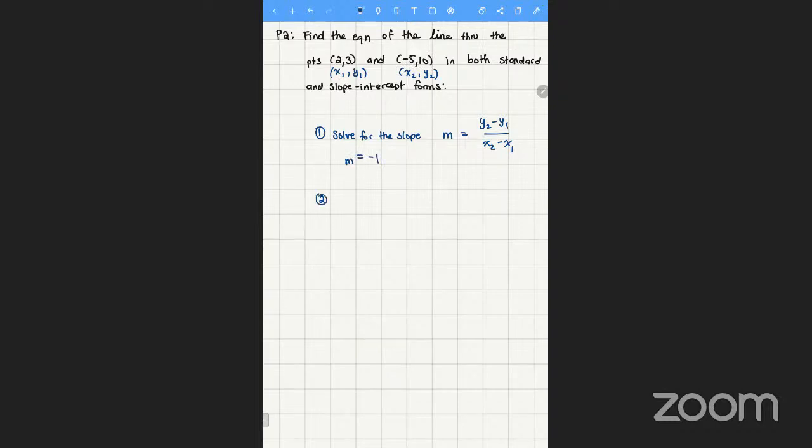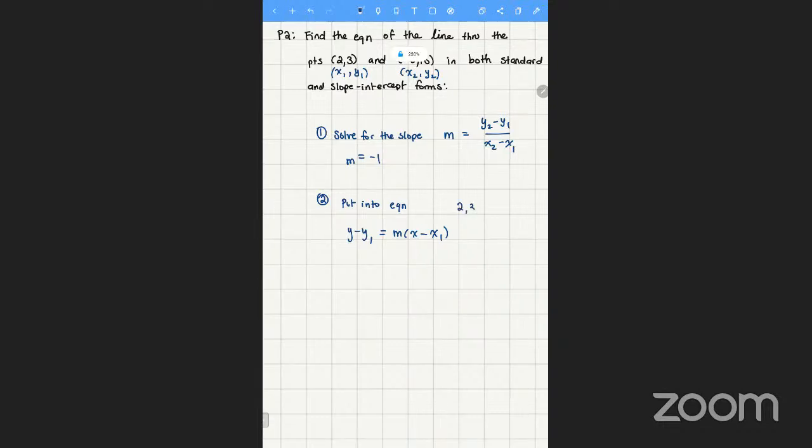Now step 2 is to put into an equation. I want you to try the y minus y1 equals m times x minus x1 way. You're gonna put in any point. Do you want to use 2, 3 or -5, 10? You can use 2, 3, and you're gonna plug it into this formula, where x1 and y1 are your point.